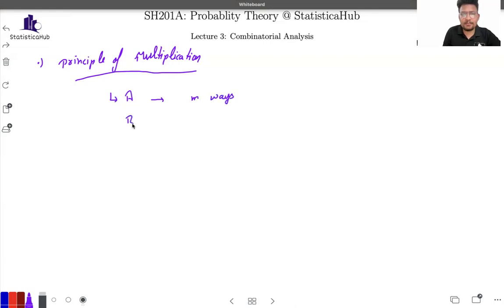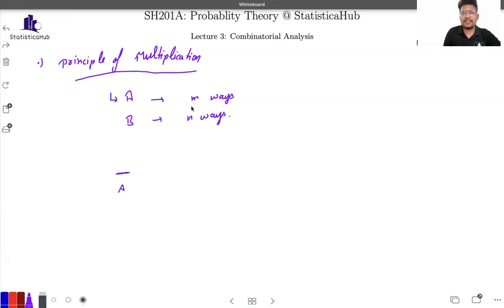Event B can occur in n ways. Now if I ask for the number of ways in which both A and B can occur, let's see how that works.